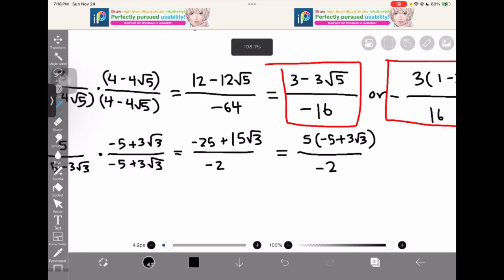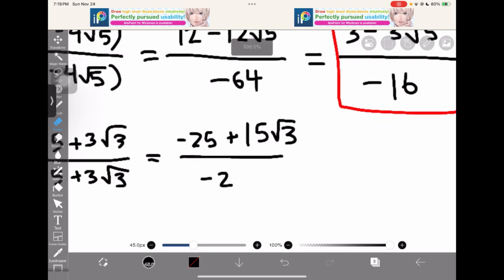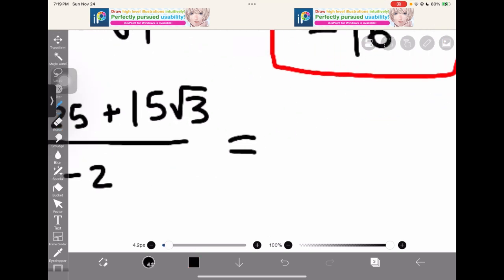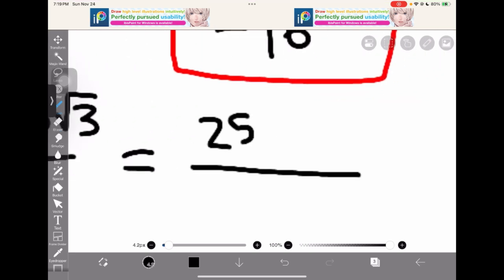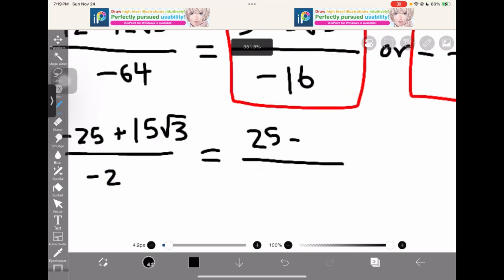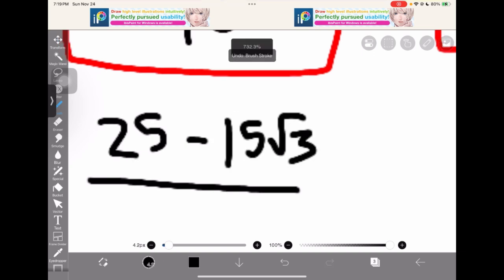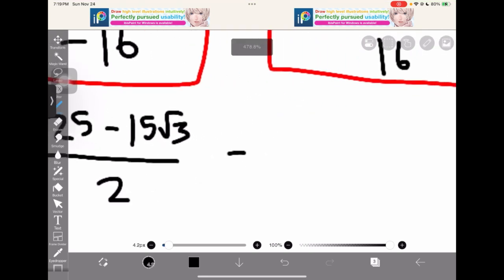Or we could, this is an answer, but we can actually redistribute the negative sign. So we just flip everything's sign. So 25 becomes minus 15 square root of 3. Then this becomes 2. Just redistribute the signs.